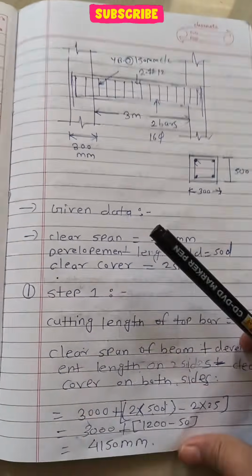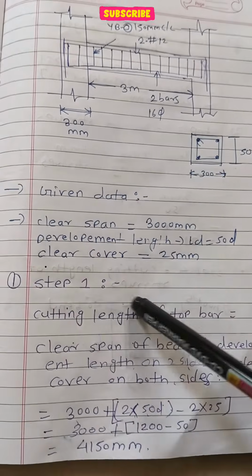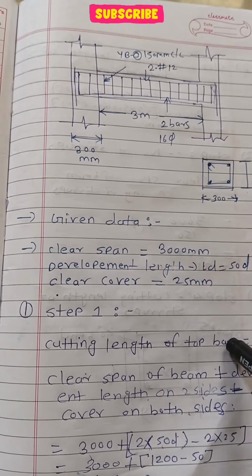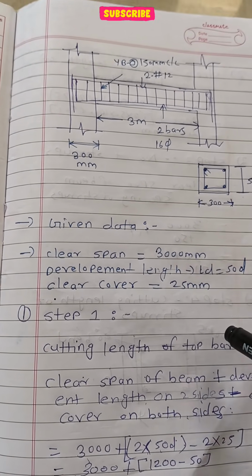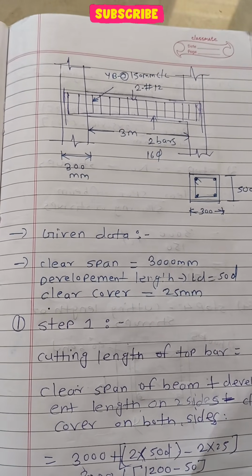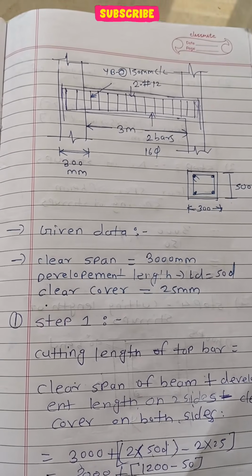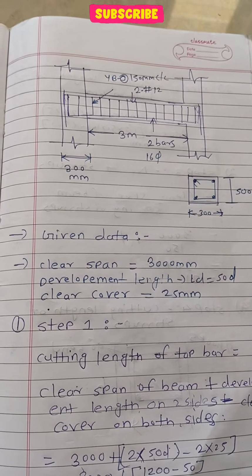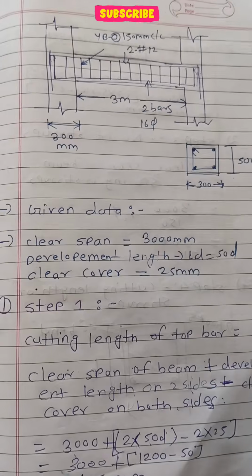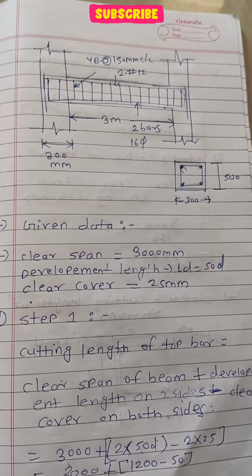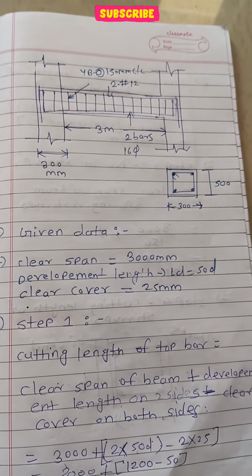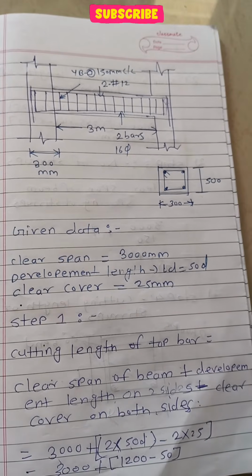So the very first step, based upon all this data, is the cutting length of top bar, because whatever quantity of steel we require on the site, the length of bar should be in one single length, because we cannot purchase it in pieces, we have to purchase it in one single length.